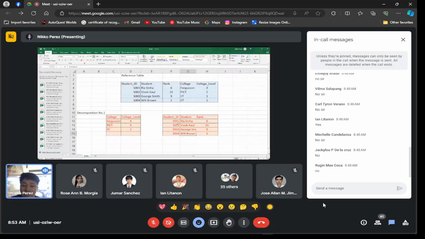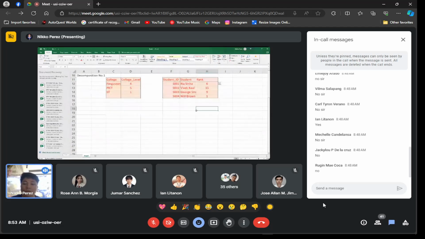Lantaw na ko dani Ria Sinha. Unsa man nga college si Ria Sinha? So we don't have any details about that one because the college is already separated from the student table. Vivek Kaol, unsa man nga college si Vivek Kaol? So, ma-answer na to kung makita na tong reference table. If ever walay reference table, missing na siya.